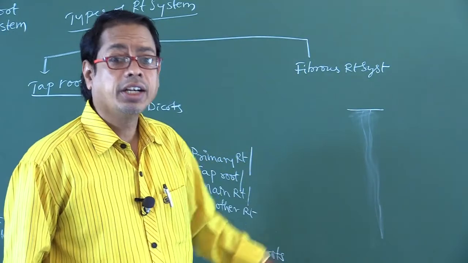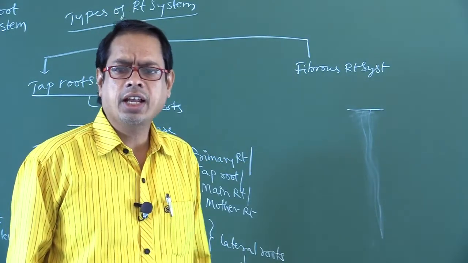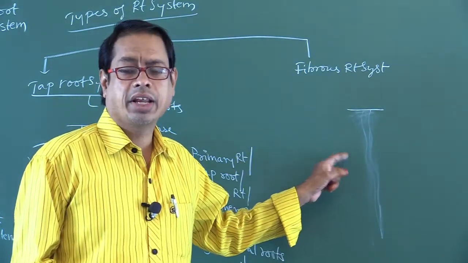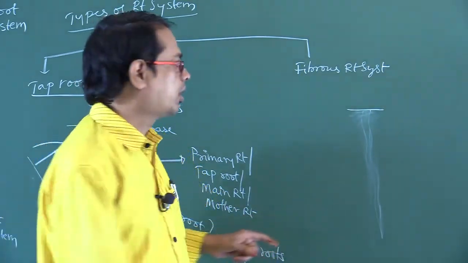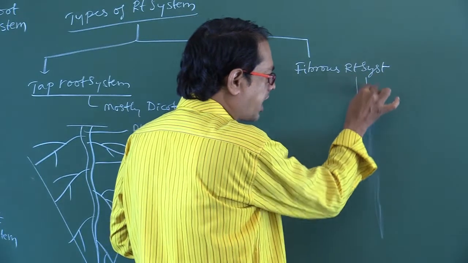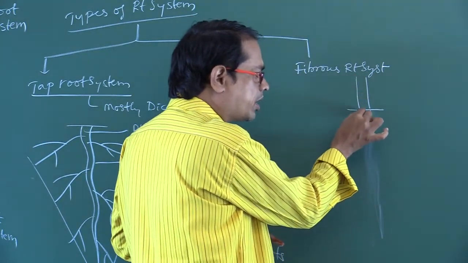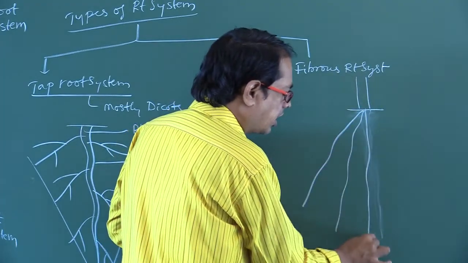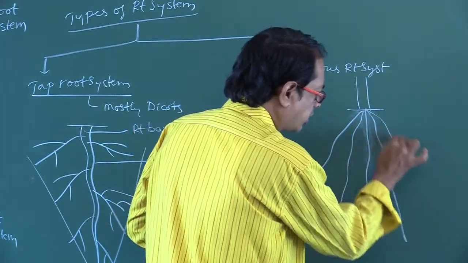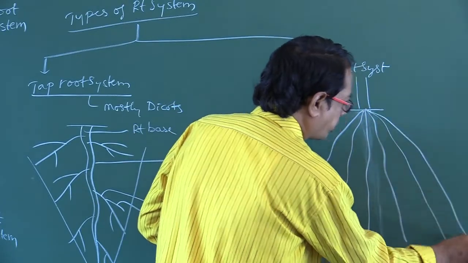That is, the radicle is short-lived. And this is considered as the base of the stem. From the base of the stem, many slender, identical lateral roots are developed.